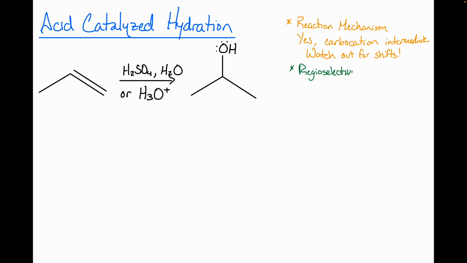All right, we had regioselectivity. Is this one regioselective? Did it matter where I put that OH group? Yes, definitely. And since I put it on that more substituted carbon, what do we call it? A Markovnikov reaction.